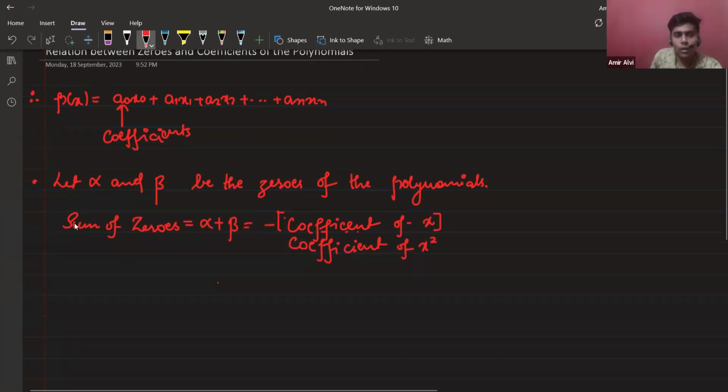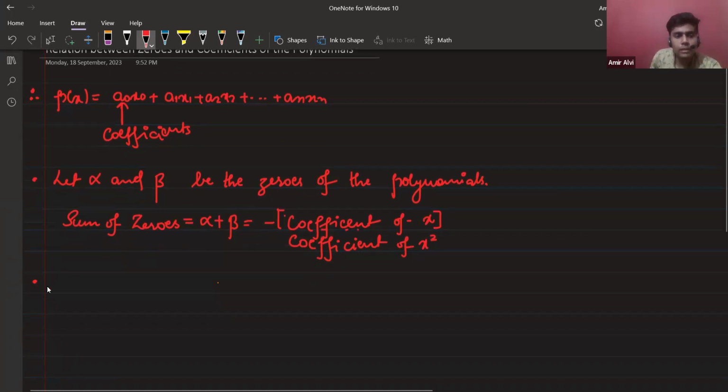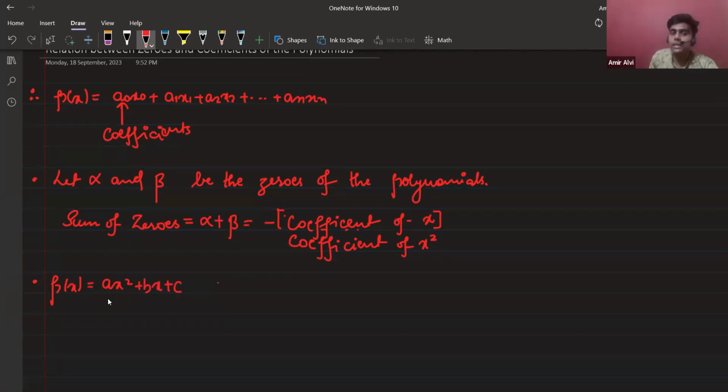And if you write the quadratic polynomial, what will be the general form? Can anybody tell me the general form of a quadratic polynomial? ax square plus bx plus c is equal to 0. Equal to 0? Not equals to 0, dear. We are basically taking a polynomial. If we equate it to 0, that will become a quadratic equation, and we will be dealing with that in the roots of the equation. But we are taking a polynomial, so it is p of x is equal to ax square plus bx plus c.